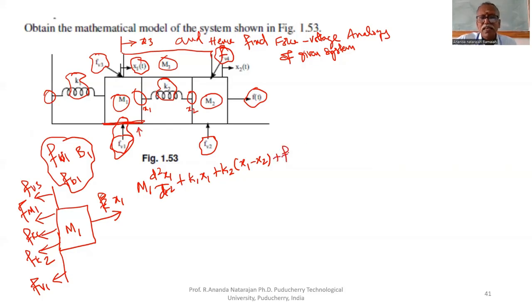Therefore plus FV1 d upon dt of x1. That's all. But for FV3, between M1 and M3, the displacement in M1 is x1, displacement in M3 is x3. Therefore d upon dt of x1 minus x3. How many forces? 1, 2, 3, 4, 5. That's all, equal to 0. Therefore, no applied force.